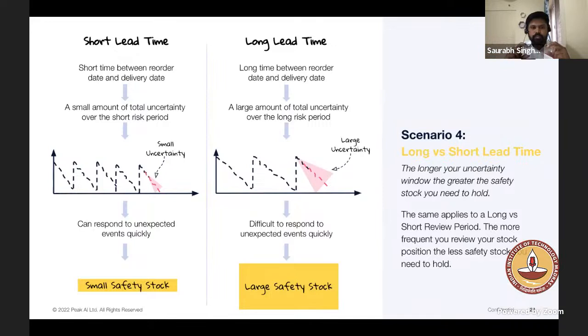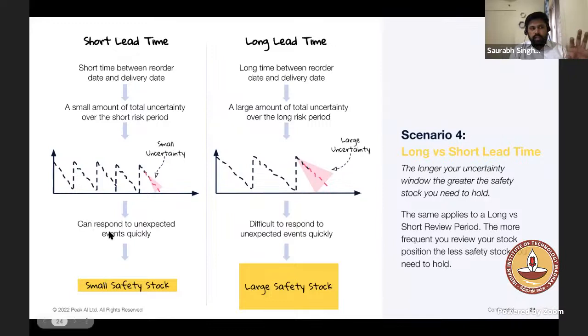If you have a shorter lead time, which is a short time between your reorder date and delivery date, this is a smaller uncertainty, and you have a small amount of total uncertainty over the short risk period. So you can respond to unexpected events quickly, because your lead time is less.